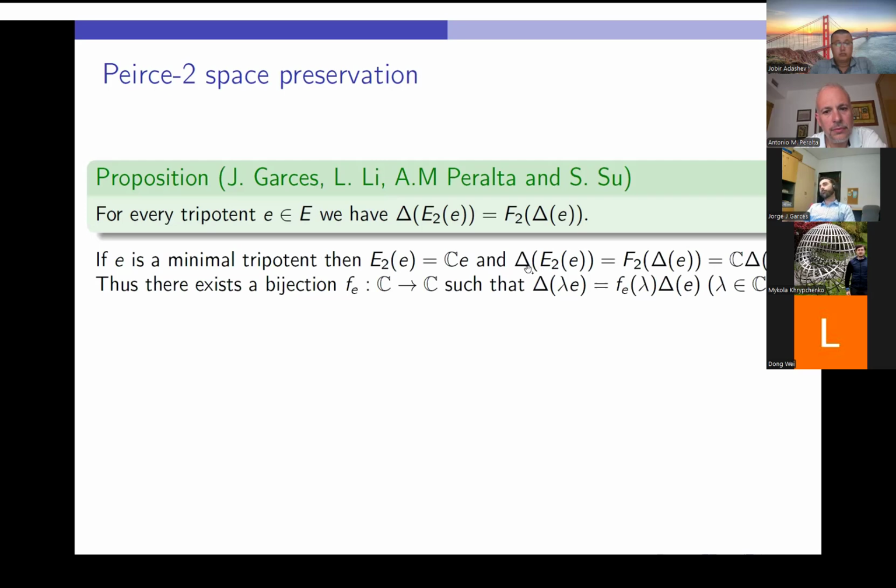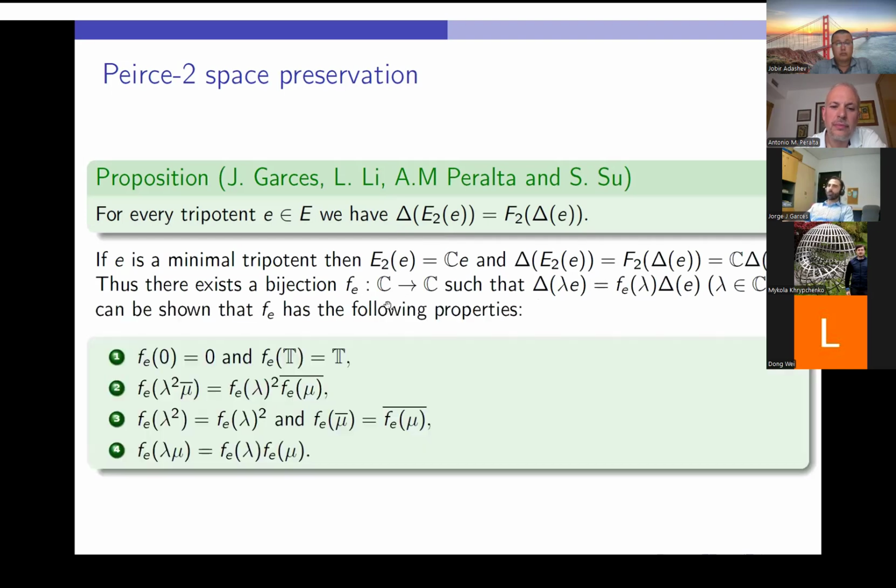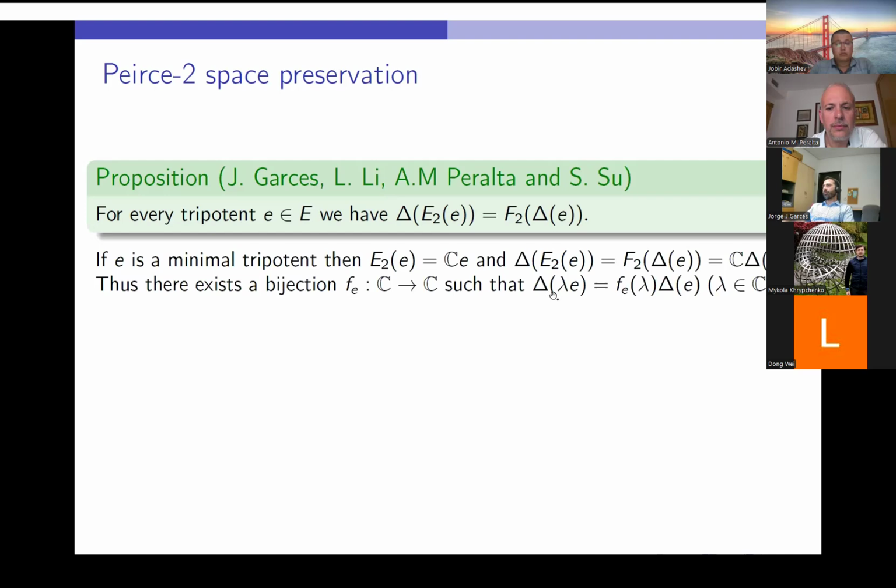Because if the Peirce-2 space of a tripotent is preserved, then if we take a minimal tripotent, what we can see is that delta of λA is sent into λ times delta of A. So this means that we have a bijection F that depends on the minimal tripotent that we are taking, such that delta of λA is sent to F_e of λ times delta of A. Okay.